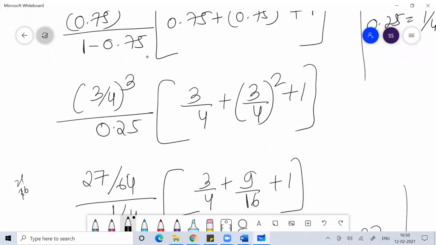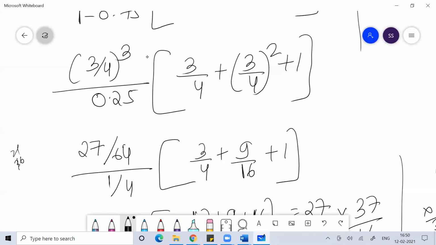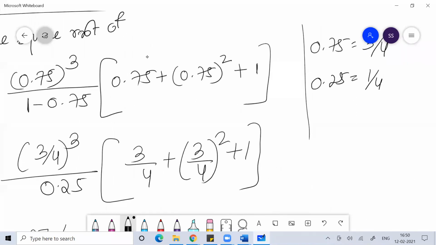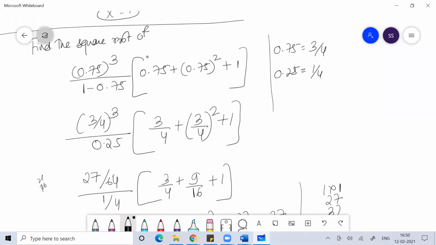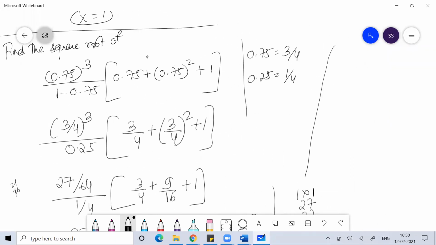3 cube is 27, 4 cube is 64, and 0.25 is 1 by 4. Then this is 3 by 4 plus 9 by 16 plus 1. Let me just check. 0.75 square is 5625, and then 75, and then 1.